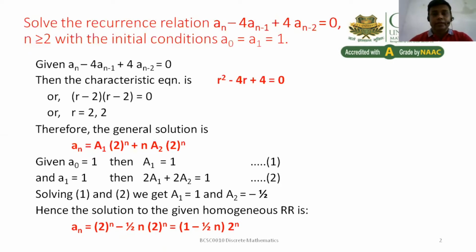So this is the solution of the given recurrence relation. This case has basically been discussed in order to solve recurrence relations where the roots are repetitive. Whenever the roots are repetitive, we have to multiply by n every time.